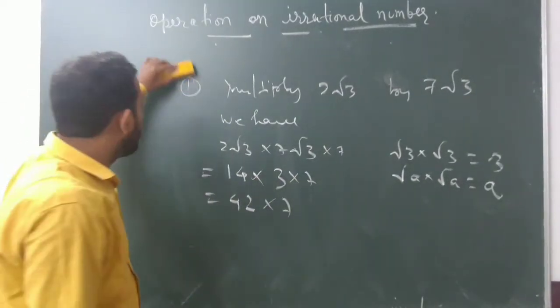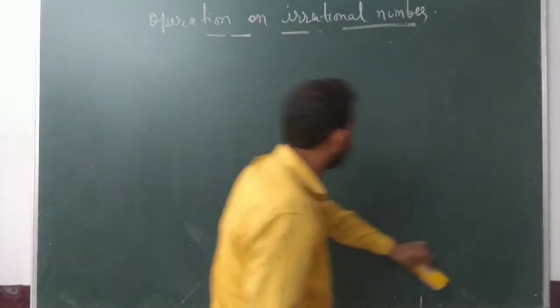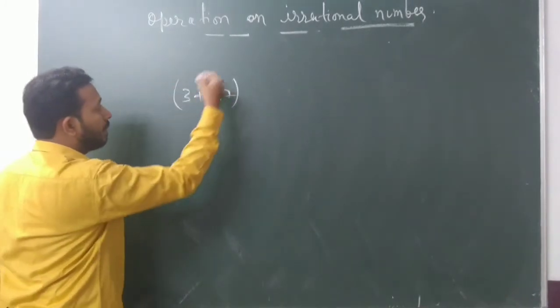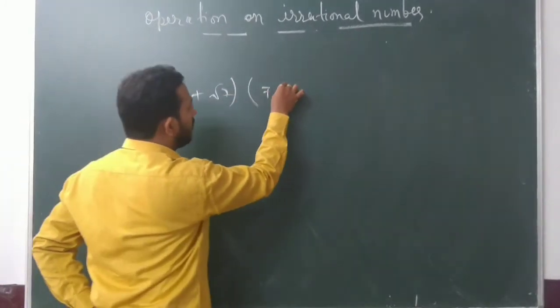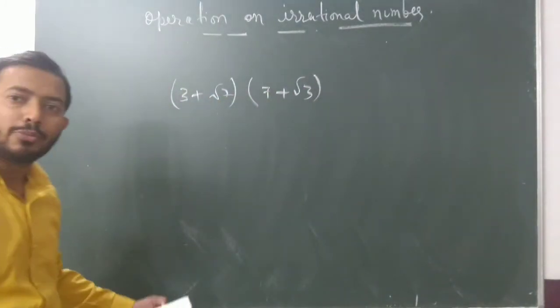Now the next problem. If we take 3 root 7 multiplied with 7 root 3, both are not the same. So how are we going to multiply?